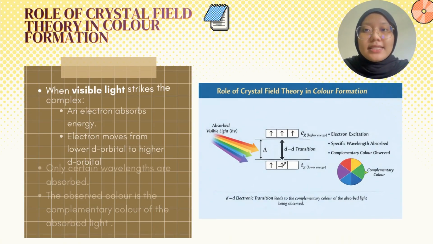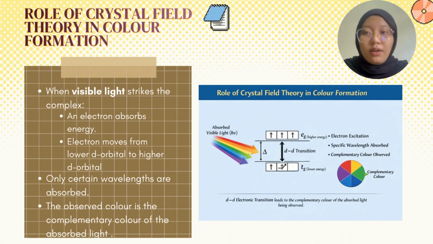When visible light shines on a transition metal complex, the light contains many different wavelengths. However, only light with energy equal to the crystal field splitting energy is absorbed. When this absorption occurs, an electron in the lower energy d orbital is excited to a higher energy d orbital.